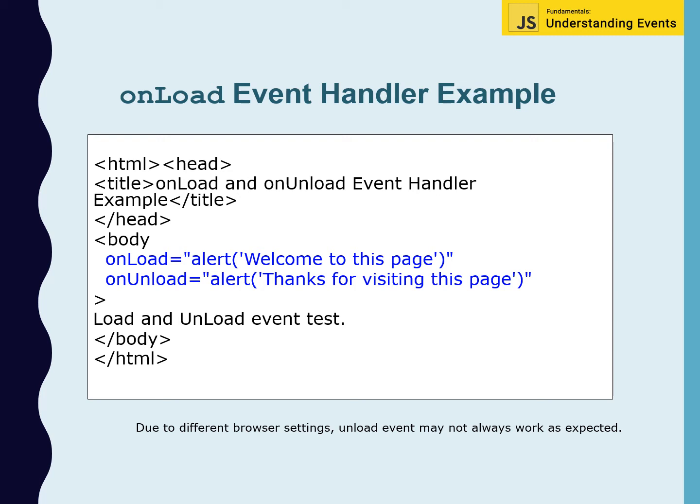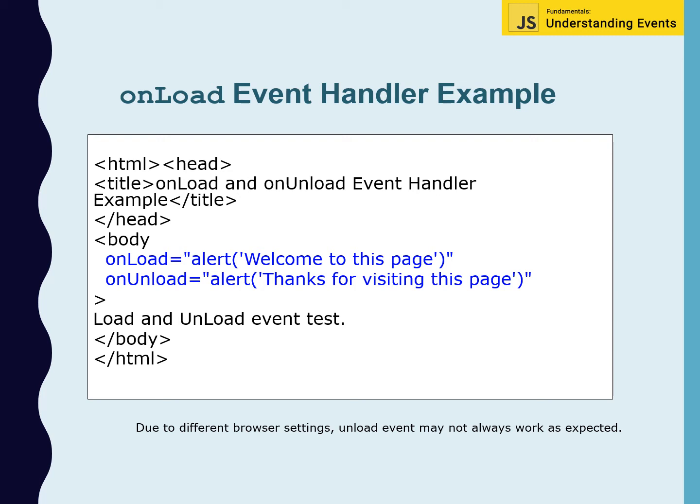Title tag is closed, head tag is closed. Then the body tag is opened, which contains two attributes. Onload is equal to alert welcome to this page. Onunload is equal to alert thanks for visiting this page.